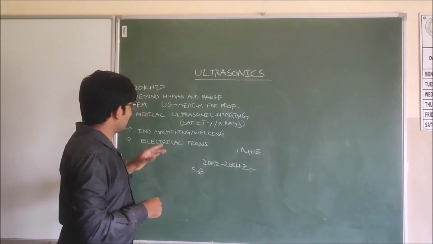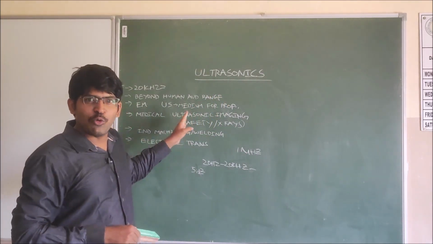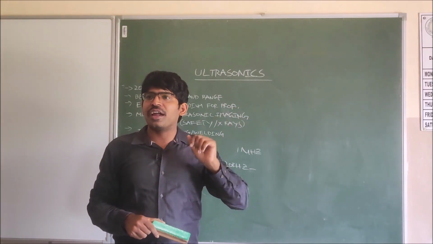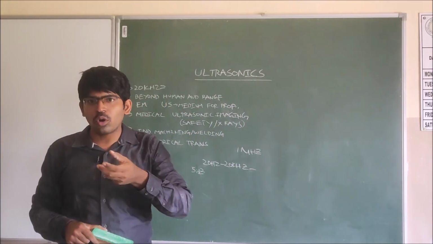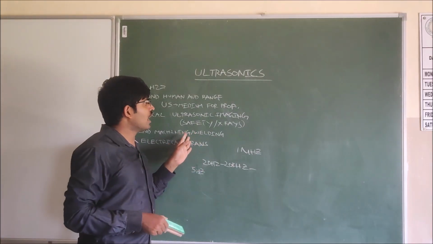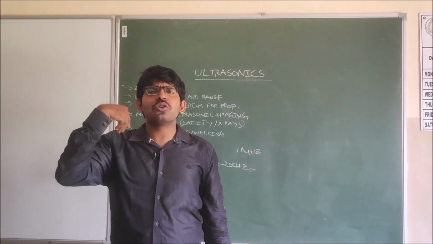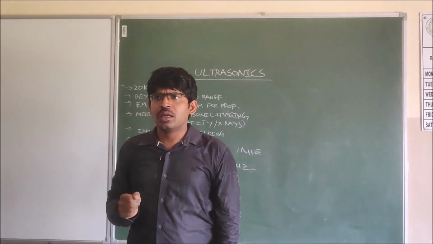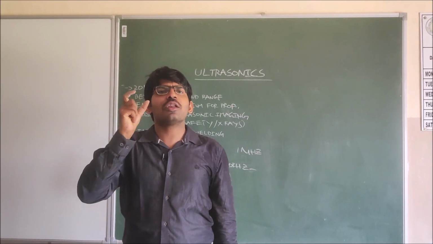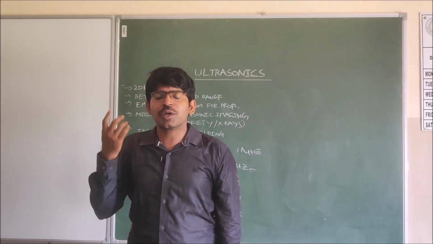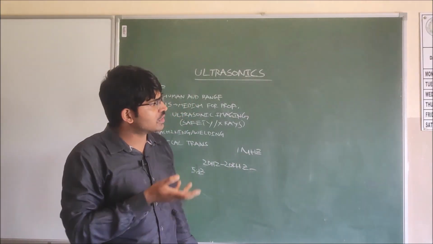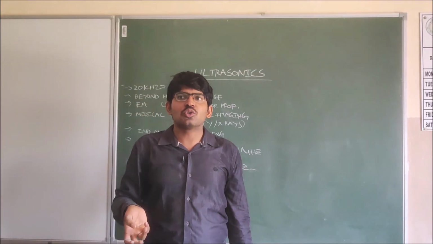That's why we use it in industrial machining, welding, wire drawing and soldering. Ultra means beyond 20 kHz. Sonic refers to the audible range of 20 Hz to 20 kHz, and because this is beyond 20 kHz, we say it is an ultrasonic wave.